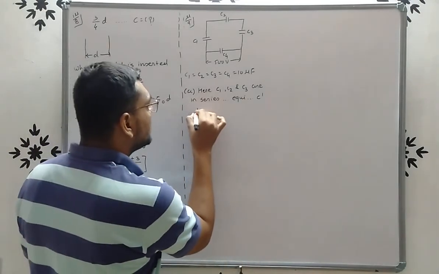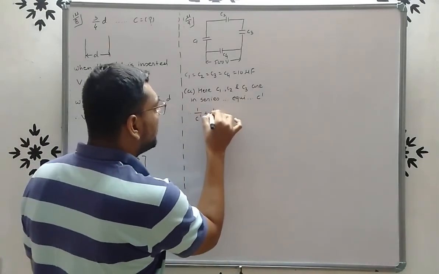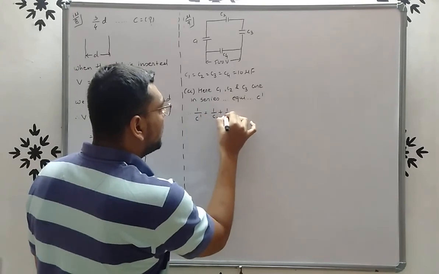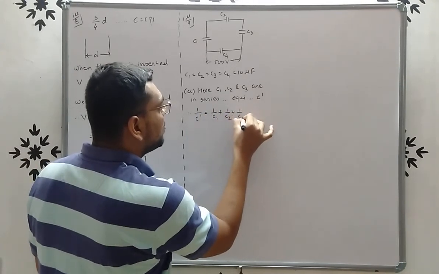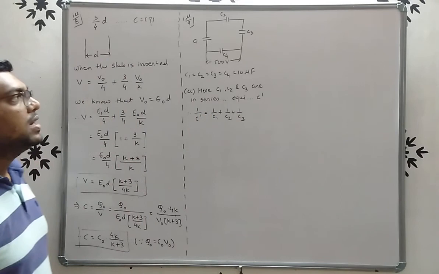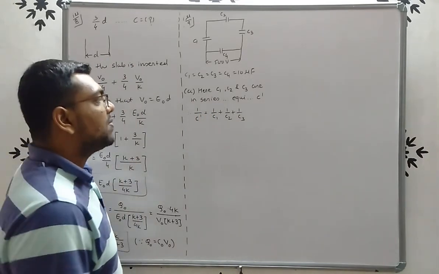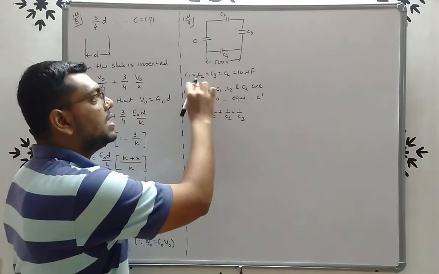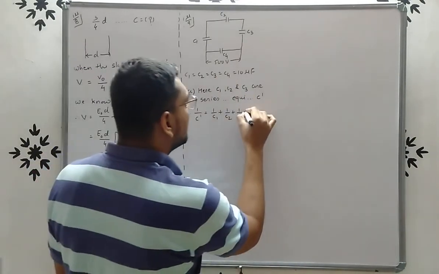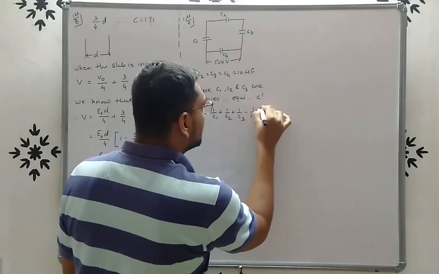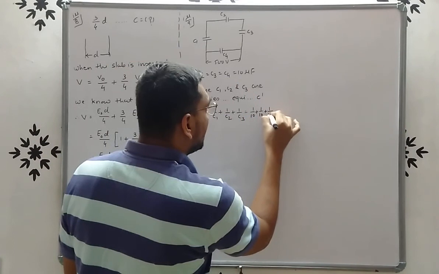So here for series we already know the formula, 1 by C dash is equal to 1 by C1 plus 1 by C2 plus 1 by C3. Here the capacitance of capacitors C1, C2 and C3 is the same, 10 microfarad. So 1 by 10 plus 1 by 10 plus 1 by 10.